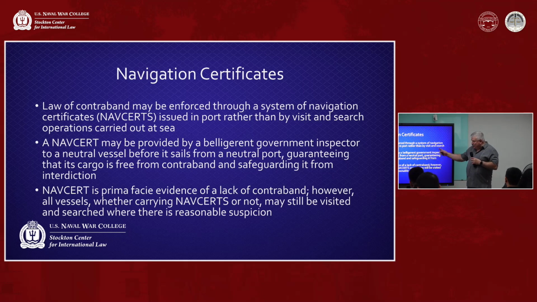The only problem with this is that it's prima facie evidence that you're not carrying contraband, but the other belligerent still has a right of visit and search, so they can still stop you and conduct visit and search, and if they find contraband on board, they can seize it and condemn it as prize.